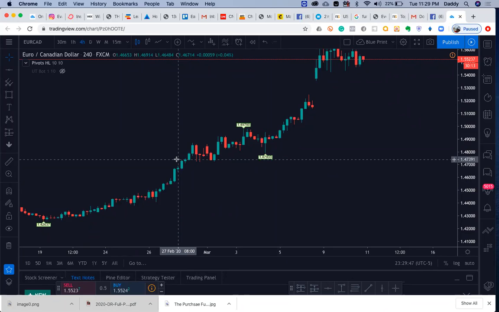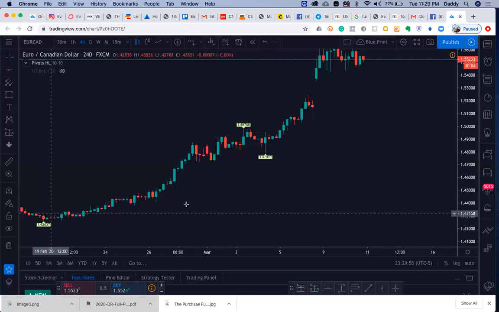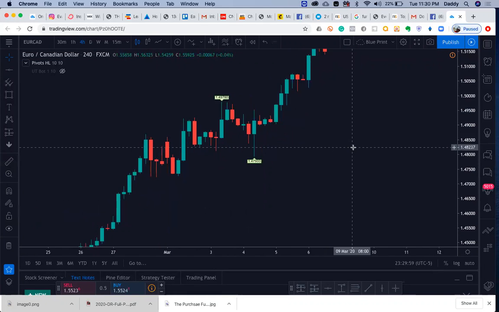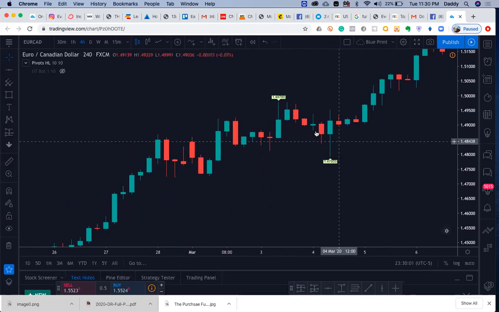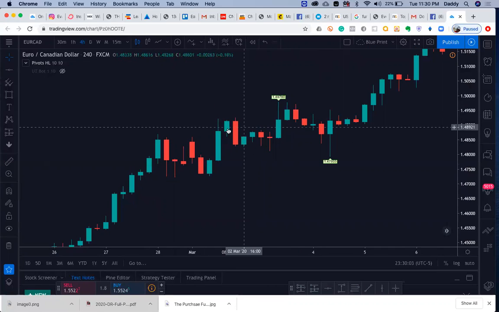When does it actually form and make the little tag, for highs and lows? What happens is that when price closes above the previous candle, it sets a high.